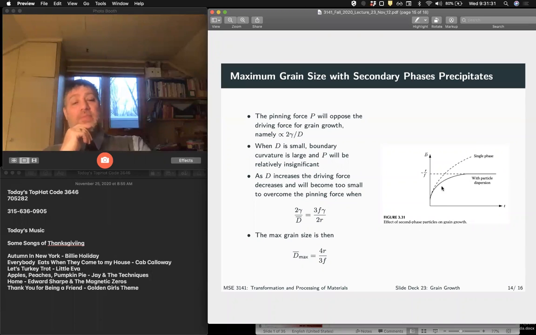But when we have a particle dispersion, our growth rate is less. And eventually it hits a point where all grain growth ceases, right? Because of our particle dispersion, right? Really important in things like aluminum alloys, precipitation strengthening in aluminum alloys, right?